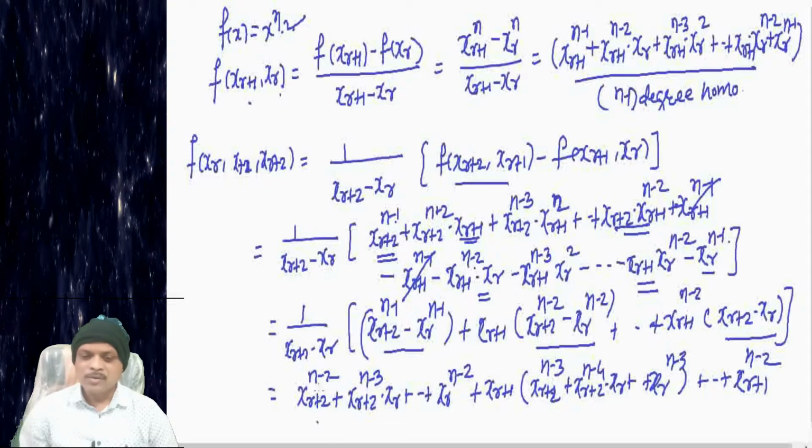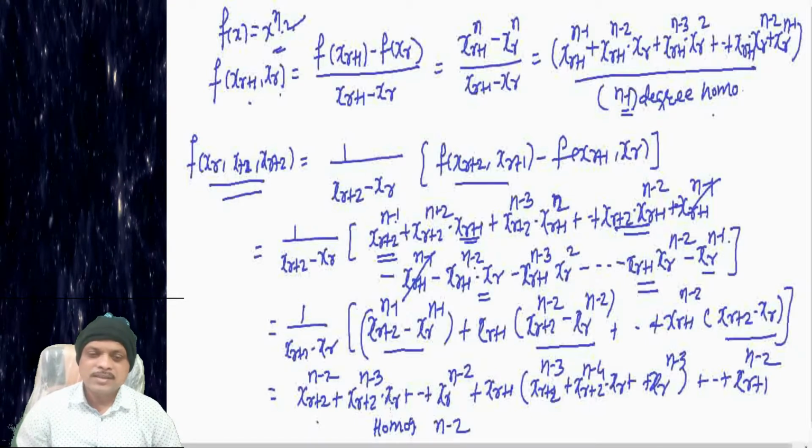So look, the degree of every term is n minus 2. So it is a homogeneous polynomial again, of degree n minus 2. The first divided differences of this polynomial are of degree n minus 1, and the second divided differences are of degree n minus 2.